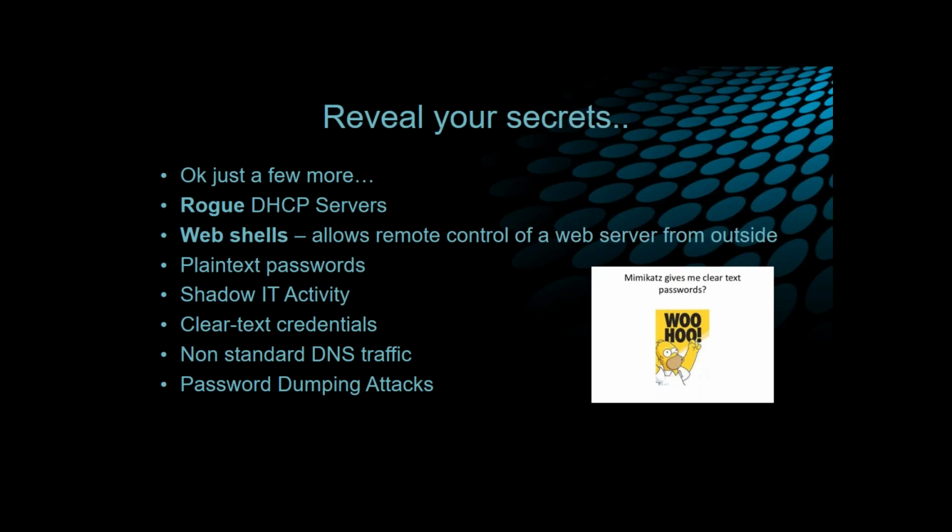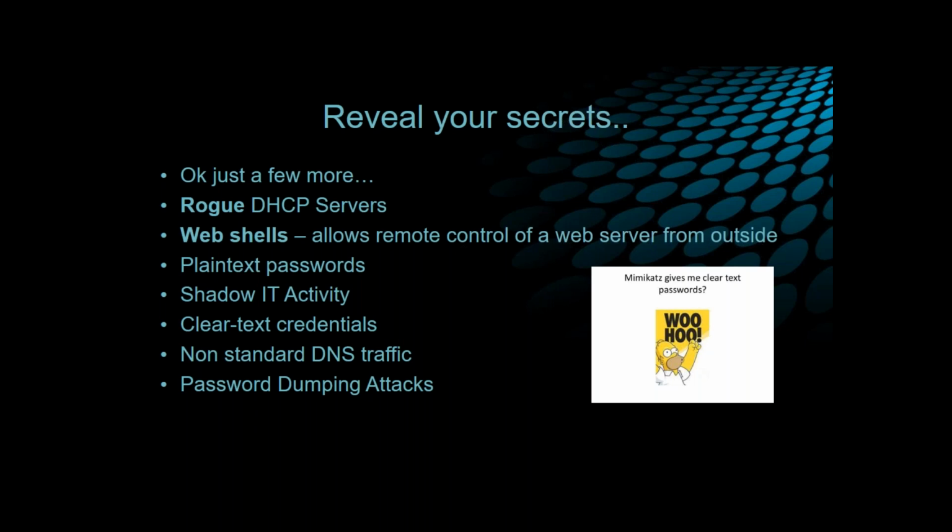Shadow IT activity, maybe someone is starting up an AWS environment that you don't know about. Clear text credentials in general from internal applications. Non-standard DNS traffic, which could be used as a C2, like a command and control exfiltration channel or something more sinister.